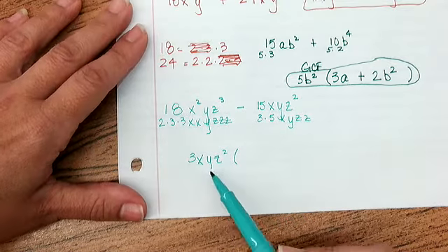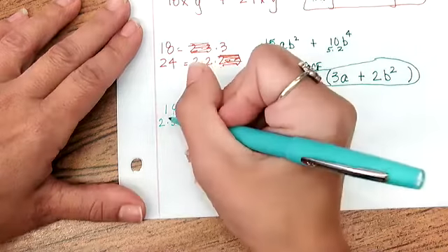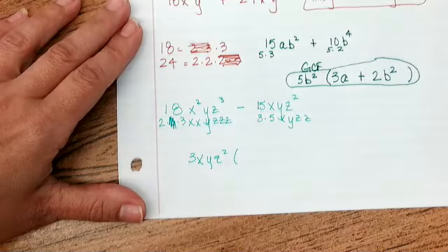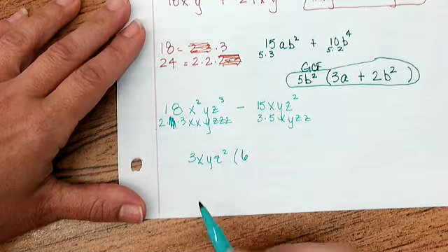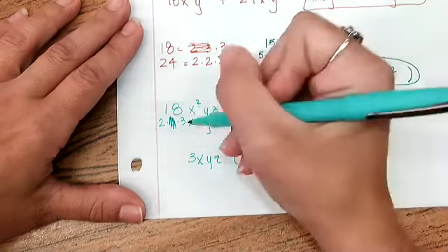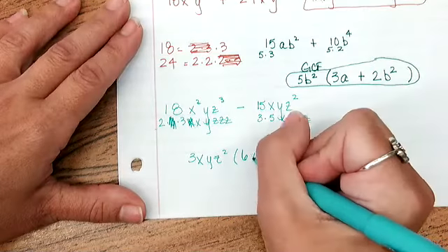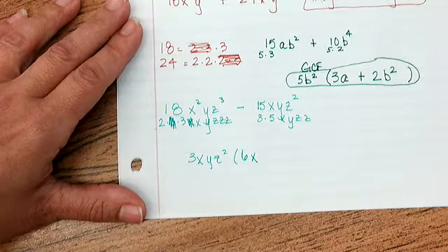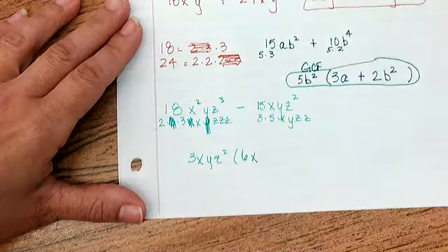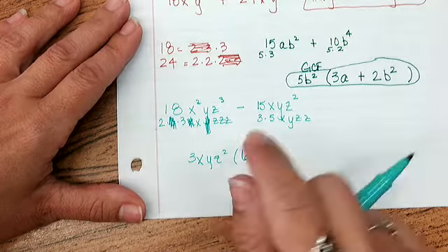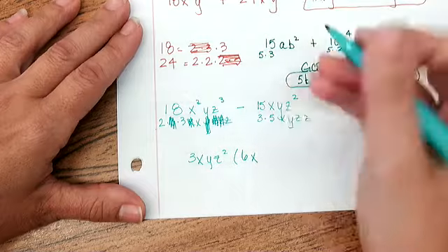Okay, let's start with the 18. If you take 3 out of the 18, you're left with 2 times 3, which is 6. If you take x out, I'm going to cross one of those out, you're left with 1. If you take a y out, no more y's are left. If you take z squared out, you're left with a z.